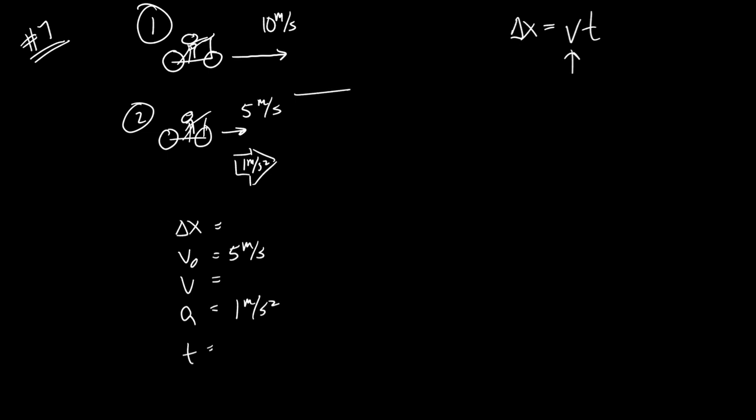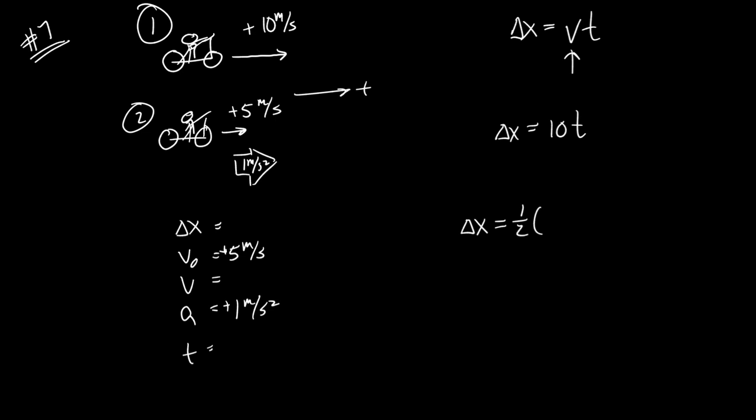I'm going to make this direction positive, because I'm going to try to be consistent in all the problems I do by making it clear that I'm choosing a direction to call positive, and that I'm going to assign positivity and negativity to all of the numbers, because that's the right way to do it. For cyclist 1, I can create a relationship. And I can create a relationship for cyclist 2 based on the same things.